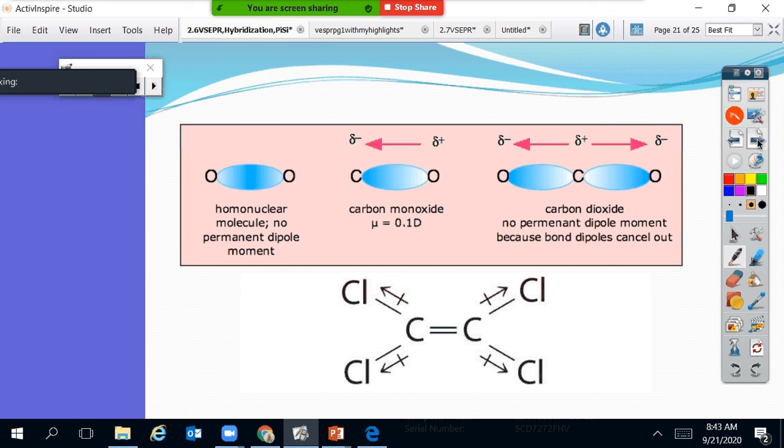Okay, carbon monoxide, you can see that there's a dipole towards the oxygen. And carbon dioxide, because it's even, there are double bonds, the dipole cancels out.